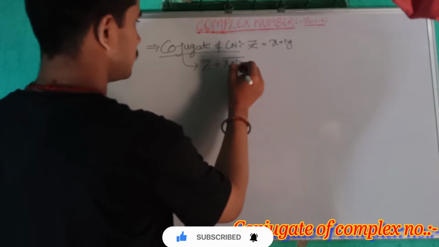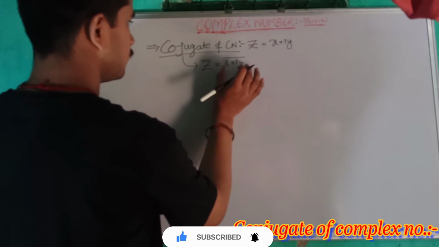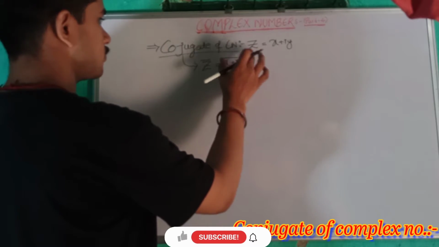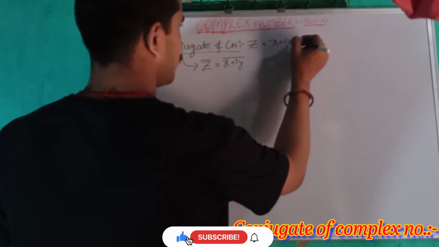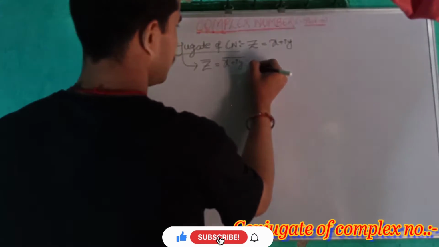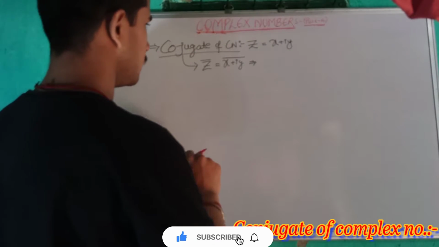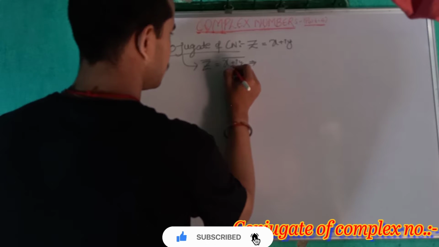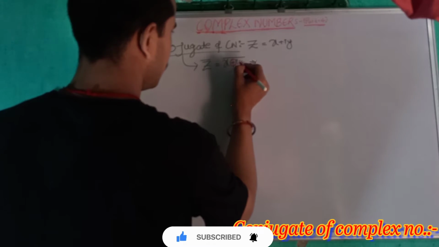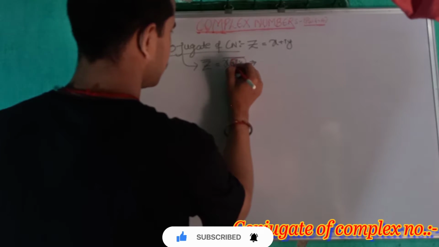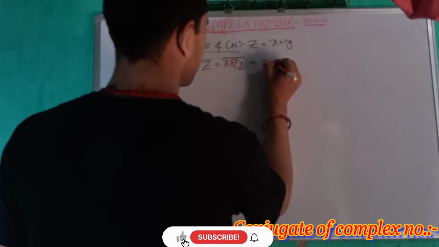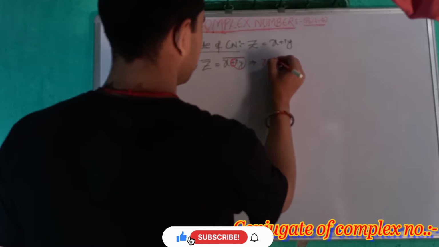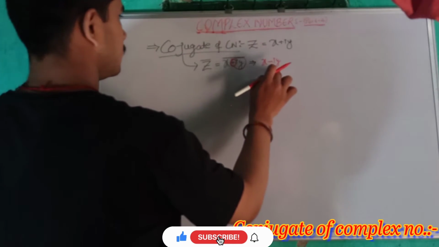This bar asks you to find the complex conjugate of this complex number. If you try to find its conjugate, what do we get? As I told you, this is the symbol of the imaginary part, and this is the symbol which will be changed. So we get x minus iota y as the conjugate of this complex number.